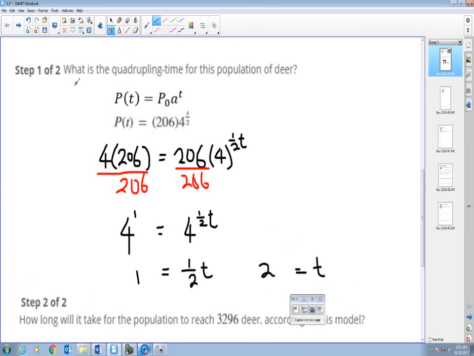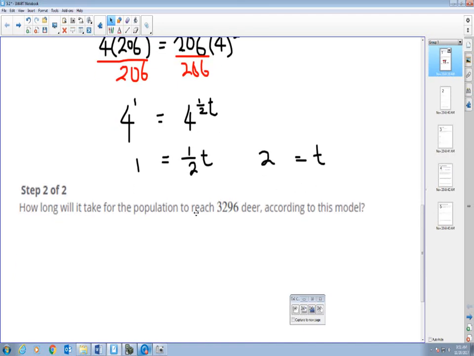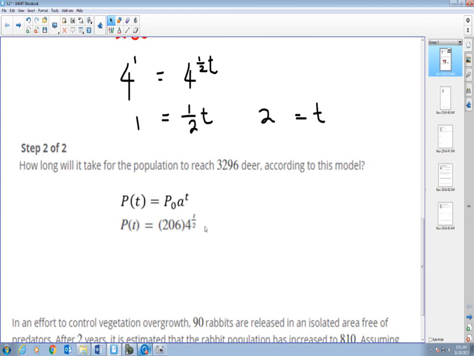So what is the quadrupling time? It will take 2 years for my deer population to quadruple. Now the question asks, how long will it take for the population to reach 3,296 deer? Again, we're looking for the time when the population of the deer after some time t reaches 3,296.